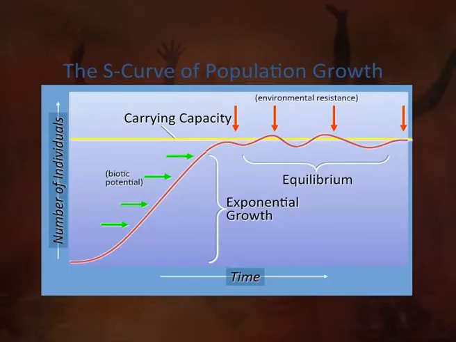And so what happens is the environment or nature by itself tries to regain equilibrium, and that is when you can see this S-shaped curve. So, initially after exponential growth, nature by itself makes efforts to attain equilibrium again, and then the population is stabilized.